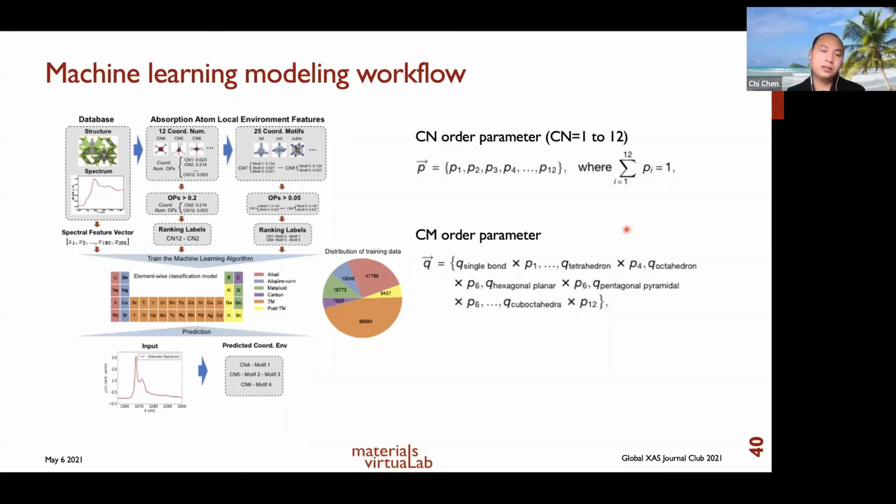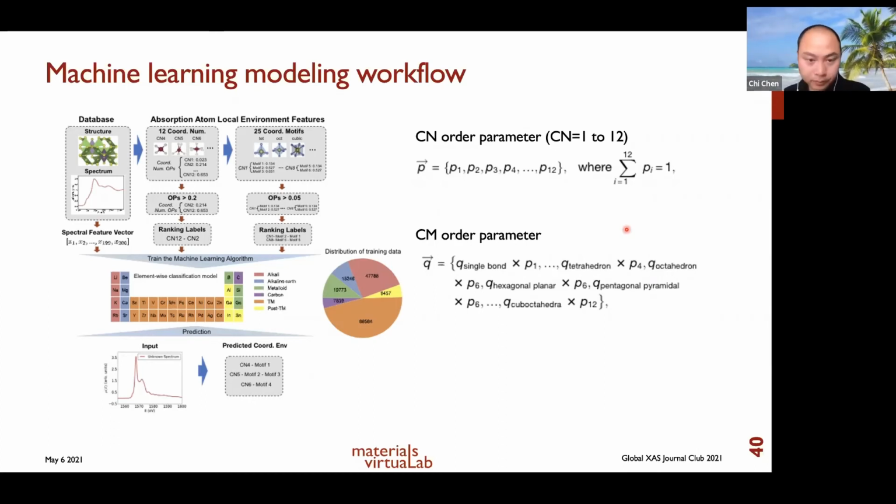And once we calculate the full description of the local environment, we can use some threshold to filter out those non-important local environments and only use the dominant local environment as the labels. For example, in the graph I showed, the first atom of this structure has the coordination number of 12, or it also has a non-negligible probability of coordination number of 2.